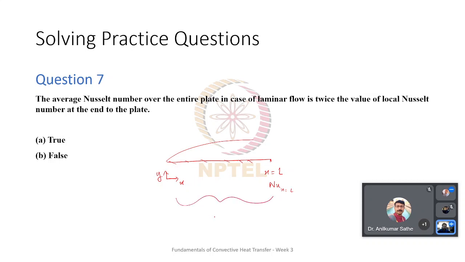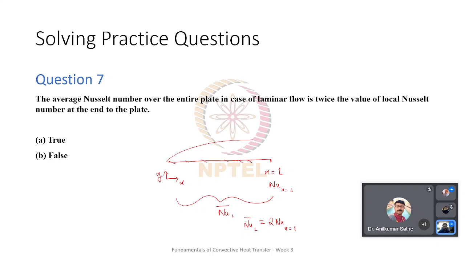If I calculate the Nusselt number at each location and take an average of it, calling that Nu bar, this says that the average is twice the local. So is this true or is this false?